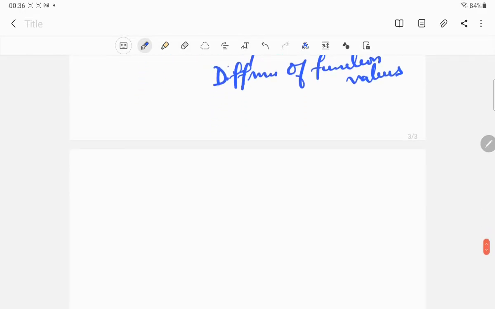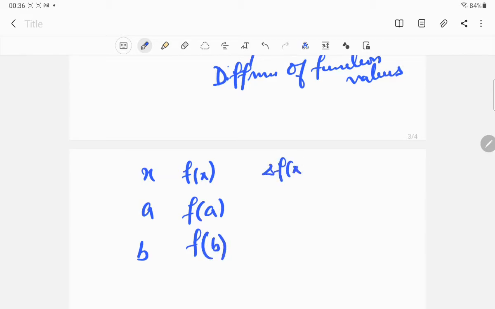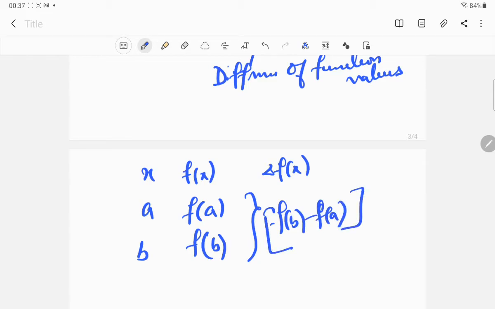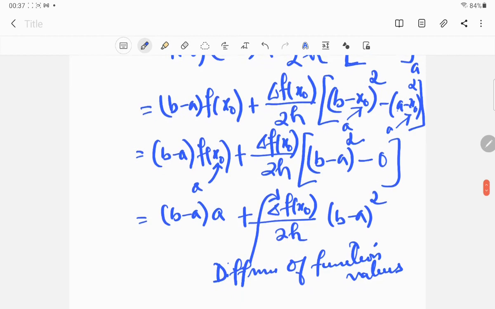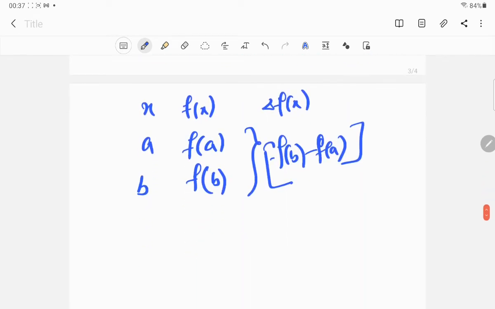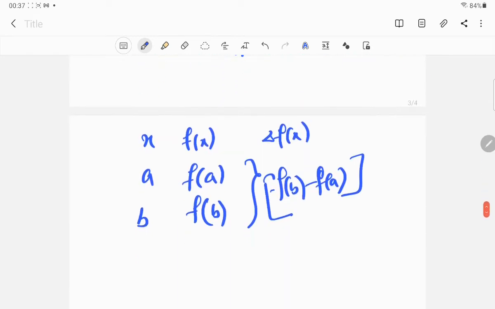So if you write like this, x, it is a, it is b, we have only two values, it is f(a) and it is f(b). So del f(x) will be nothing but f(b) minus f(a), isn't it? So in this place we can put f(b) minus f(a).